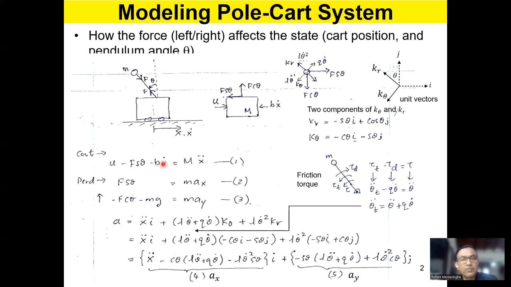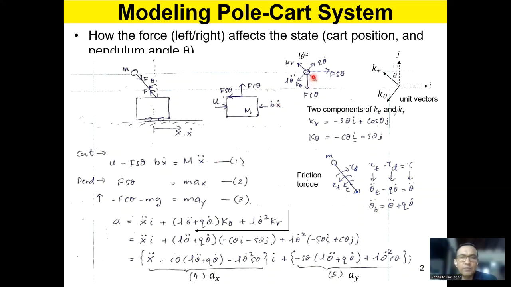These are the three forces acting on the mass. There are no other forces. This resultant force causes the mass to accelerate, therefore this is equal to mass times x double dot. That is the first equation. There's no motion upwards for the cart, so that's the only equation for the cart.